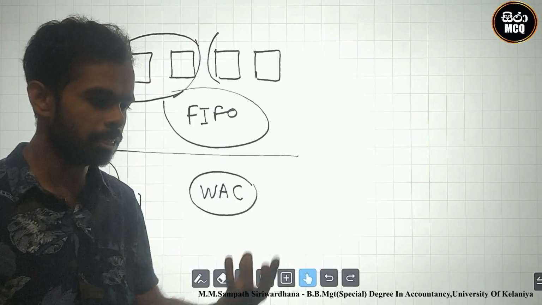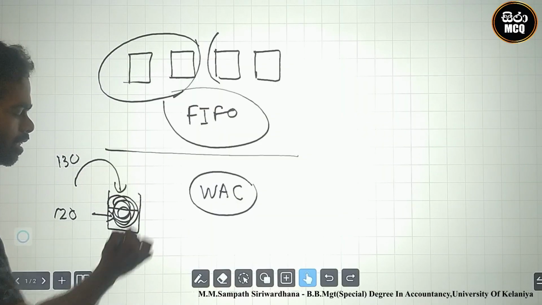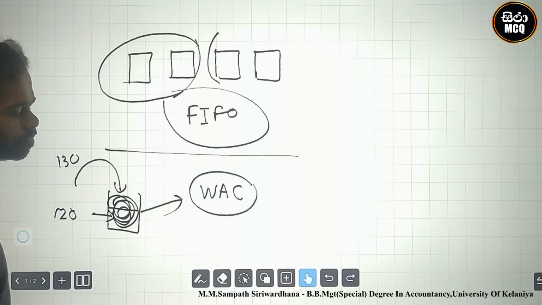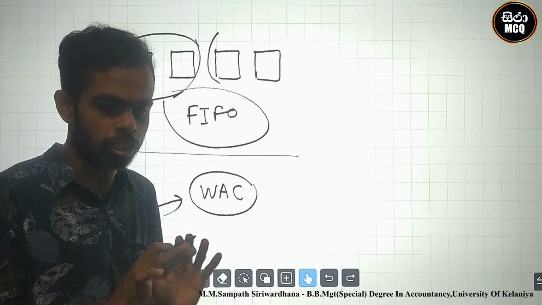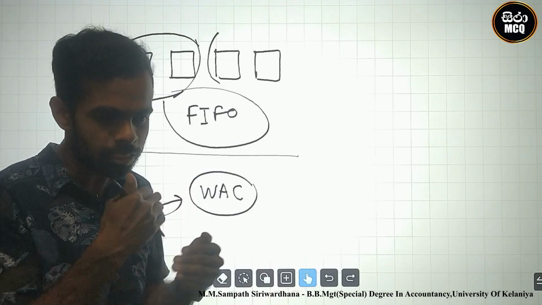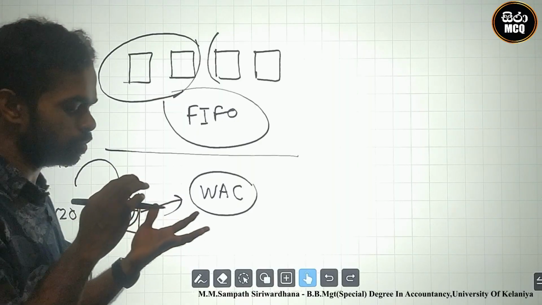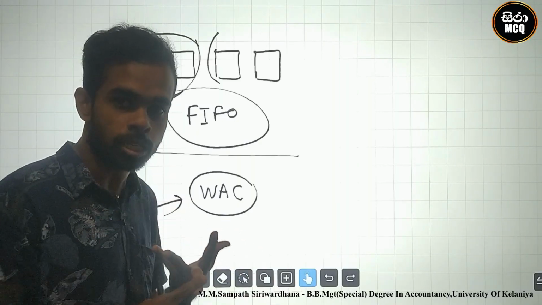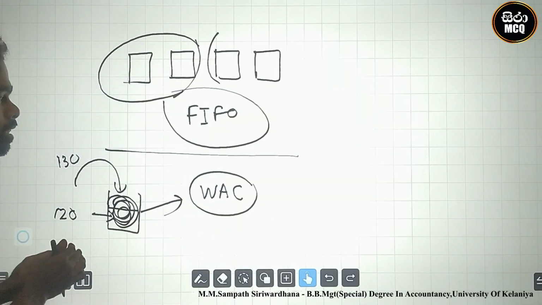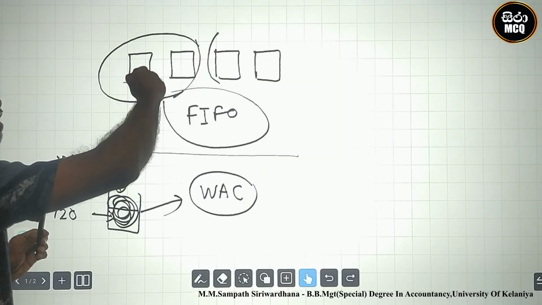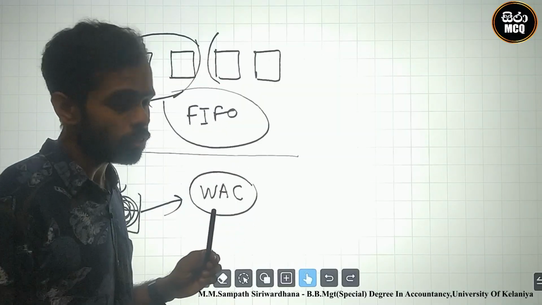How can we identify them separately like packets? We cannot, because they are mixed. So we use weighted average cost, a mixed average price. Therefore we use the WAC method for liquids like petrol, diesel, coconut oil and other liquids. For separate items whose packets we can identify, we use FIFO.